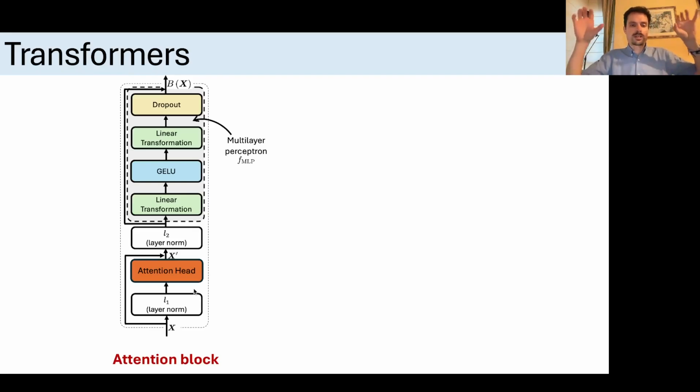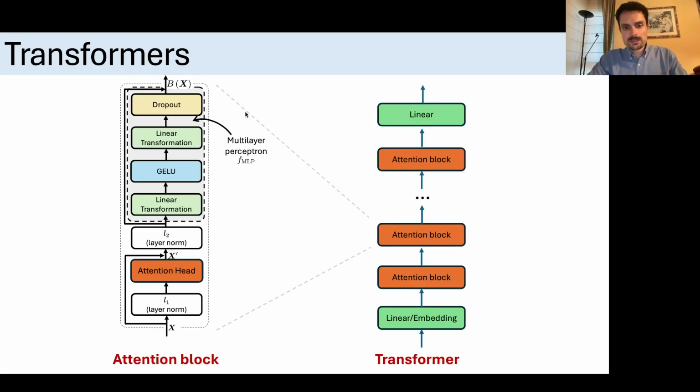So this is like the point where the words give meaning to the other words. Okay. And stacking attention blocks, and perhaps including also some linear layers, we make a transformer, right?